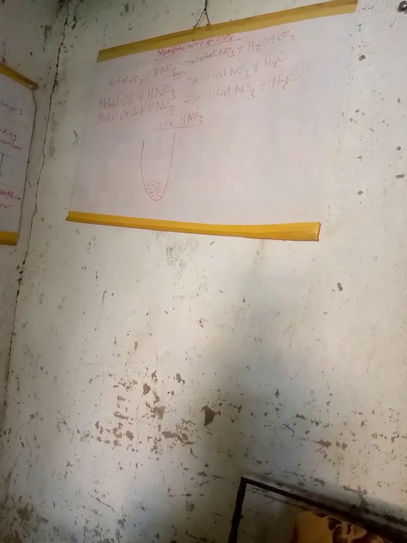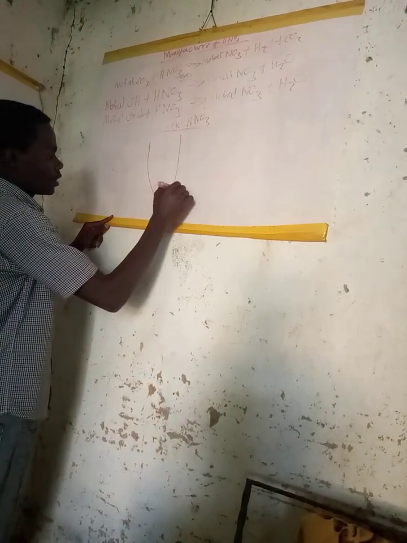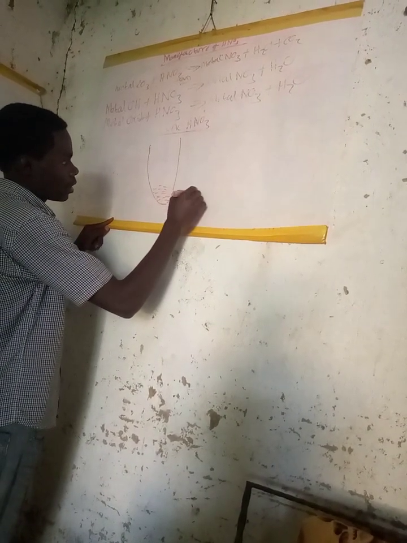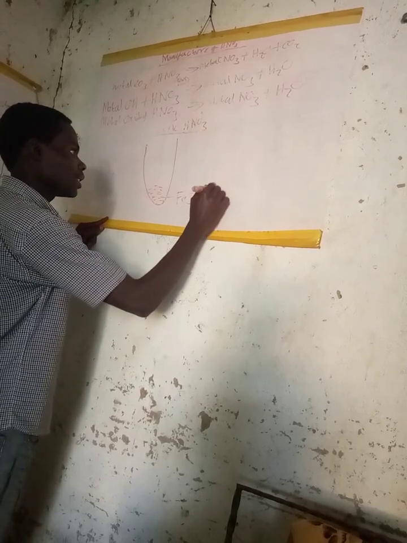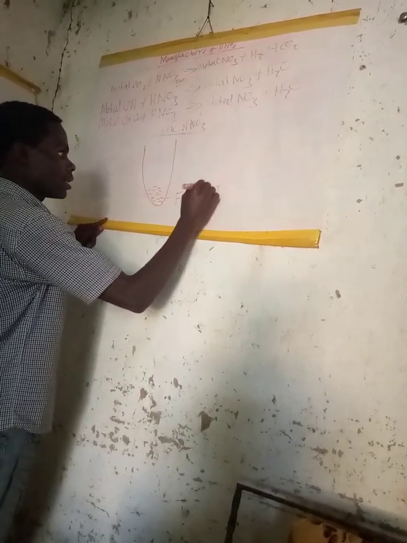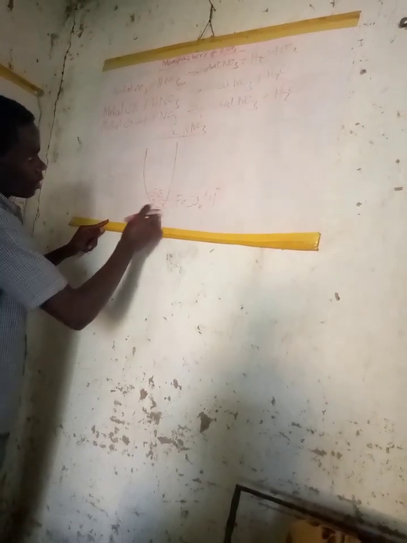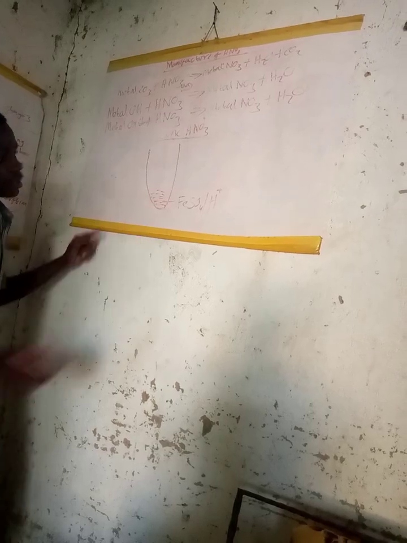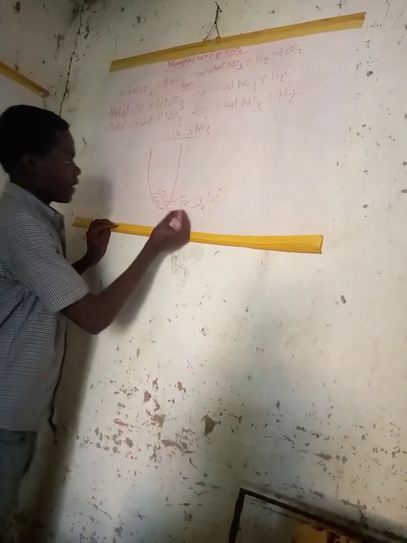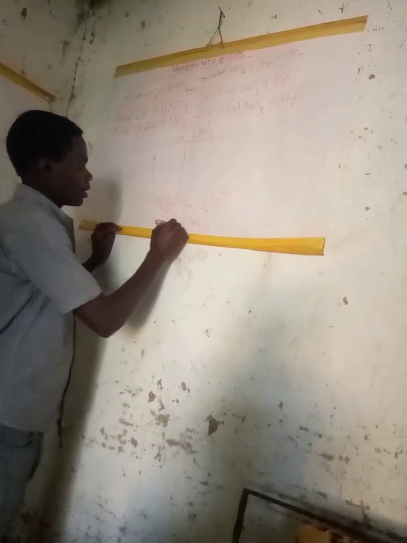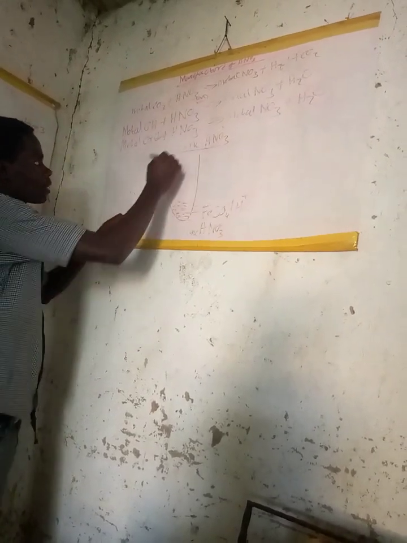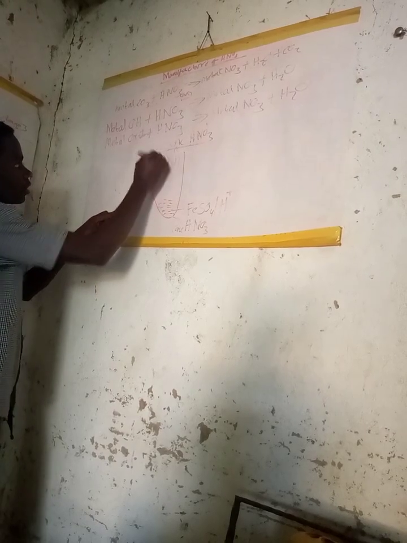We have a mixture of acidified iron(II) sulfate, which means it has been acidified with hydrogen ions, and concentrated nitric(V) acid.